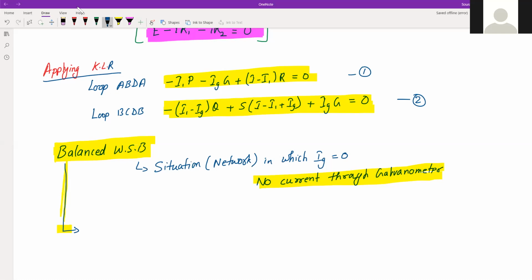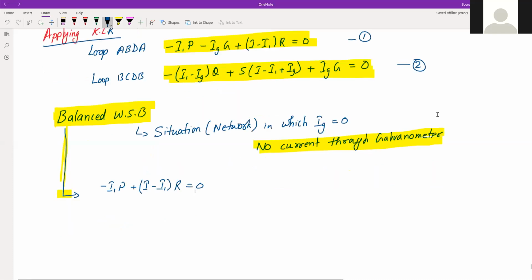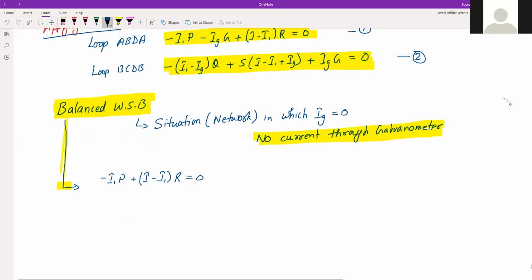So we get minus I1P plus (I minus I1) into R equals 0. And the second equation will be minus I1 into Q, I'm just substituting Ig equal to 0, plus (I minus I1) into S equals 0.